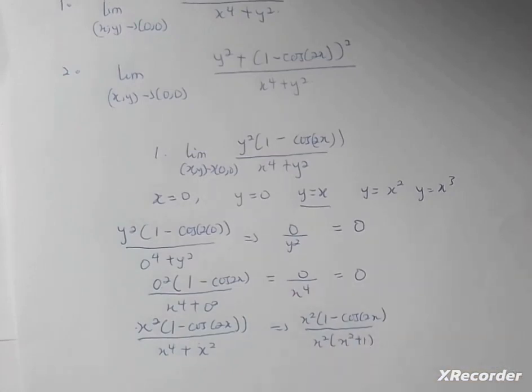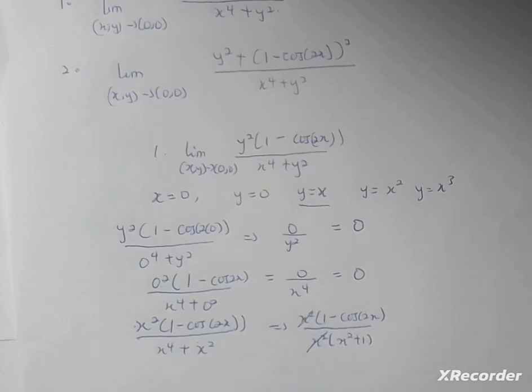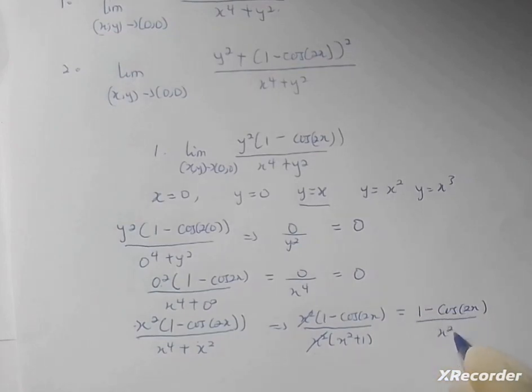You know, at this point, I can cancel this x squared here with this because they are multiplying. So this will cancel this, so cancel this as well. I'll be left with 1 minus cos 2x all over x squared plus 1.